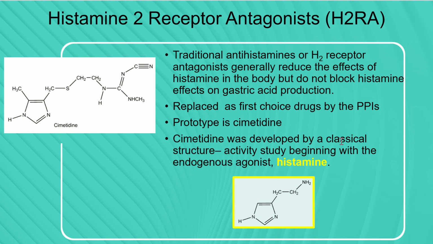And it was developed by a classical structure activity study beginning with the endogenous agonist histamine. So essentially they use this as their model to start from, and then they designed a drug. As we can see, there are similarities between histamine and cimetidine.